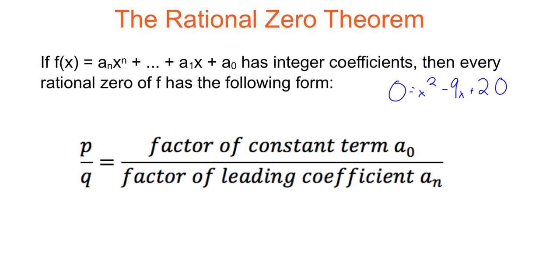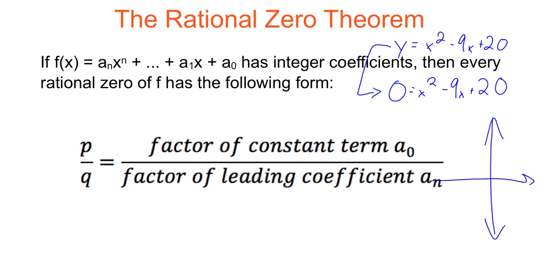Usually we write our polynomials like this, an f of x or a y is equal to this. What changed from the top one to the bottom one? Y became 0. If I have my coordinate grid, y and x, where's y 0? All along the x-axis.